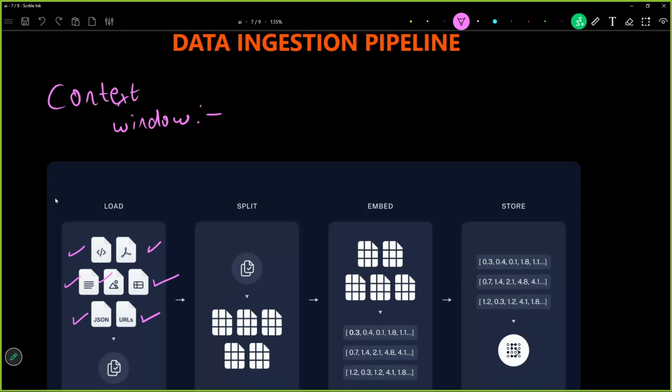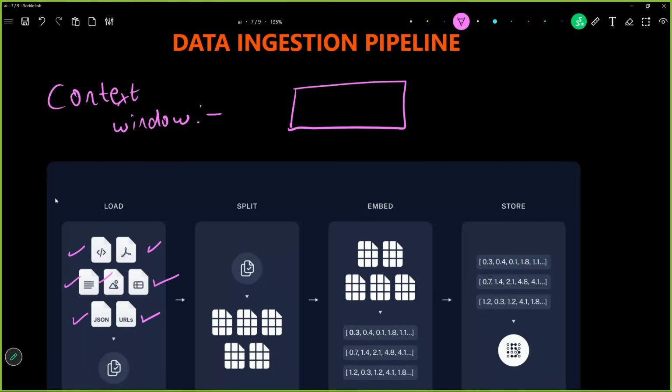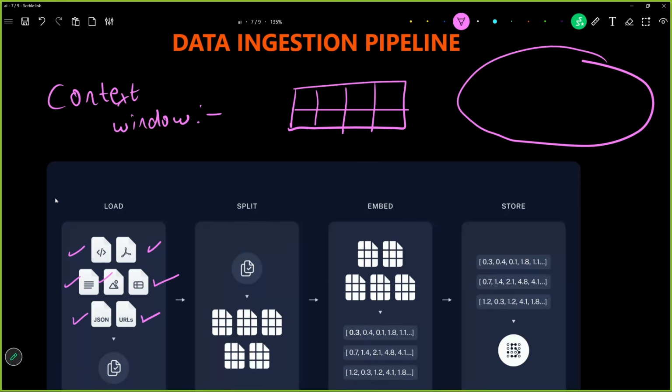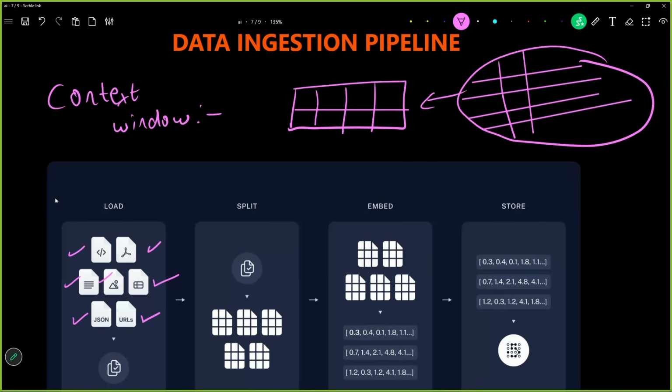But there is something called a context window. If my window is this much, I cannot pass information which is bigger than my window. But what I can do is chop this information into small pieces, and feed small pieces which will fit and pass through my window. This is what I am talking about.